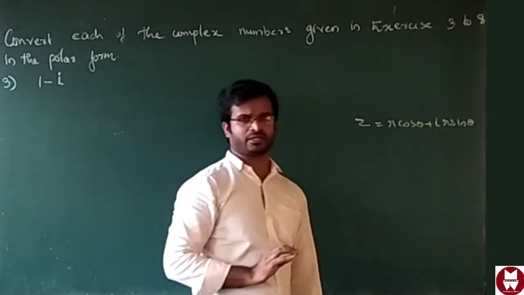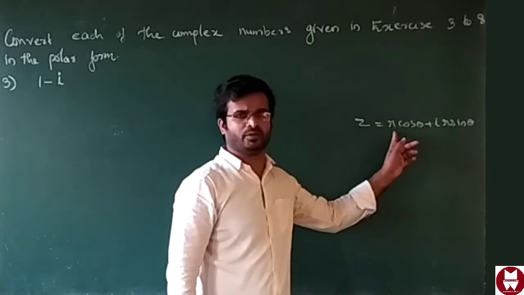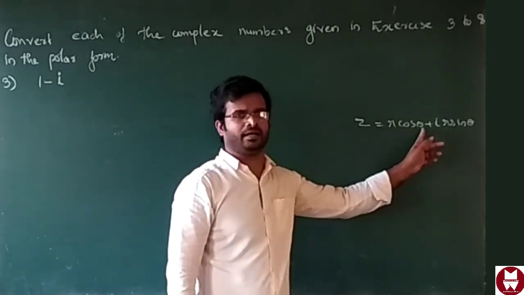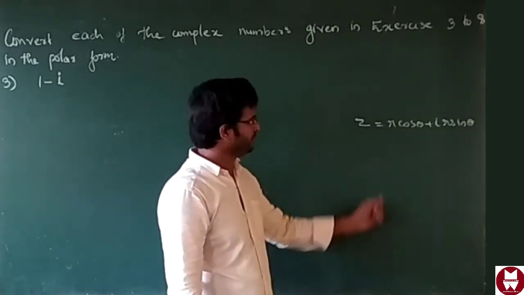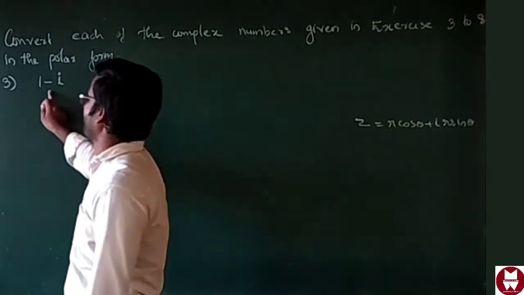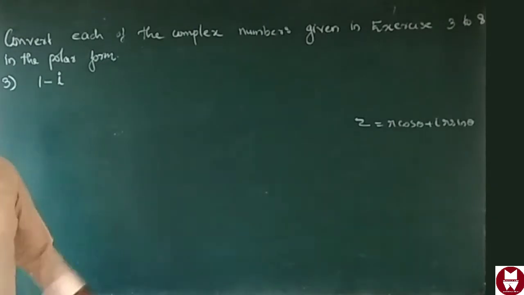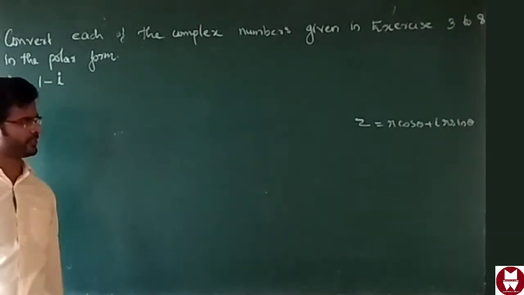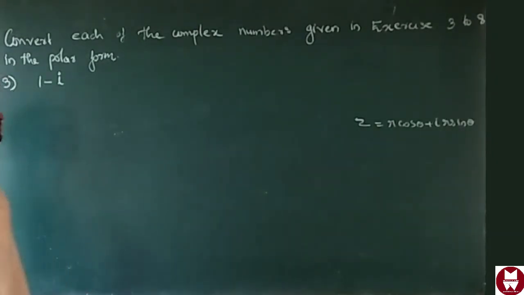This is our polar form. Here r means modulus of z, theta means argument. We can find r and theta from the given complex number, then put them in that equation and we will get the polar form.